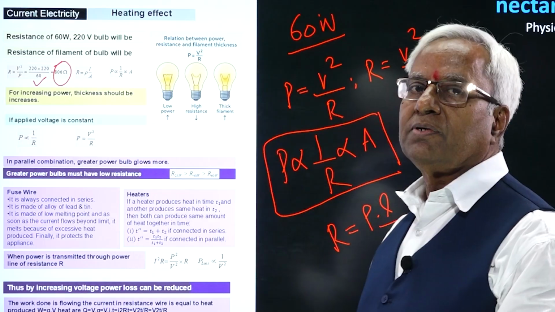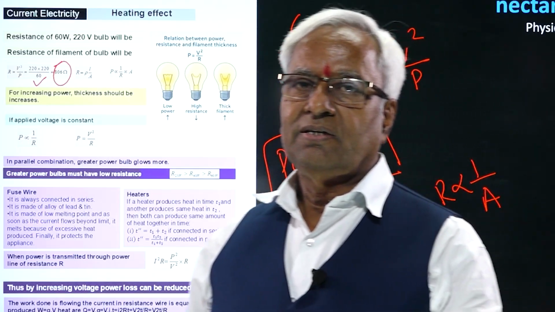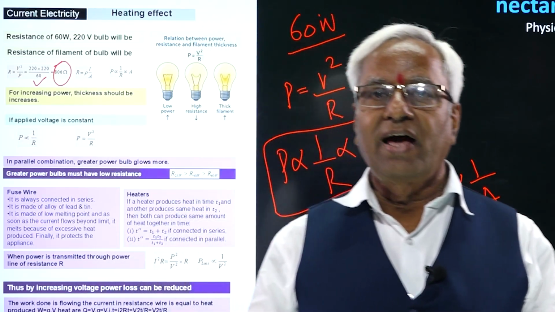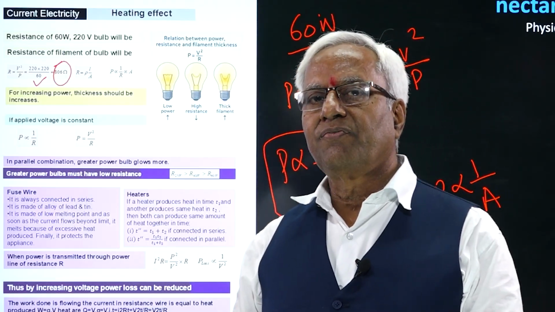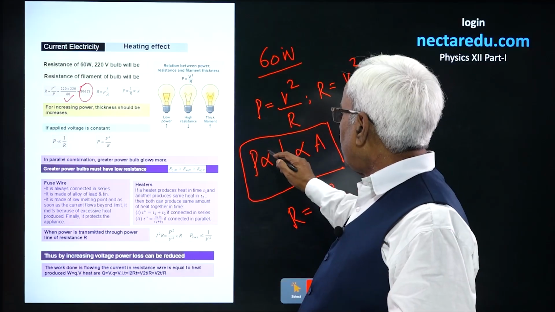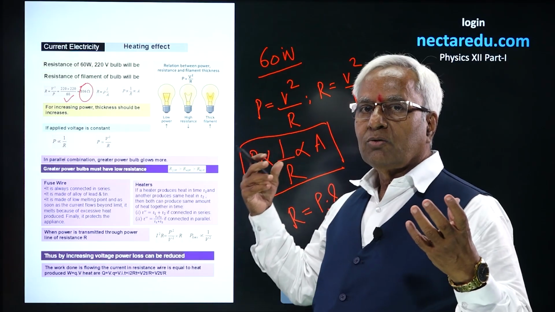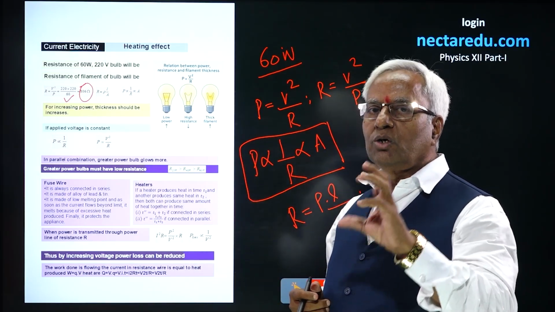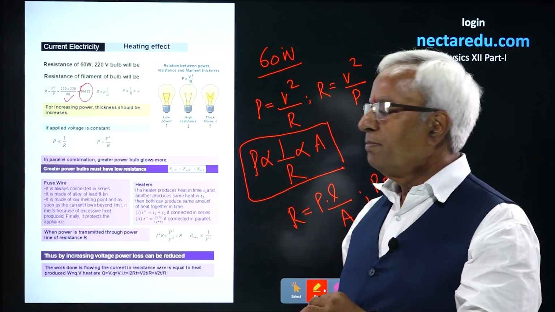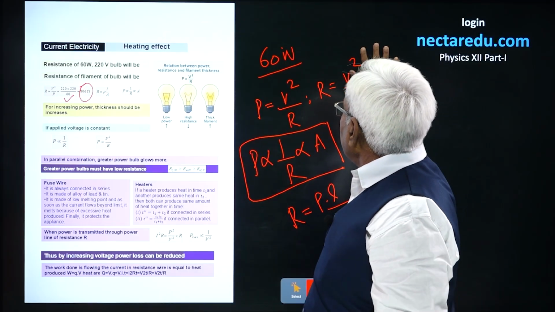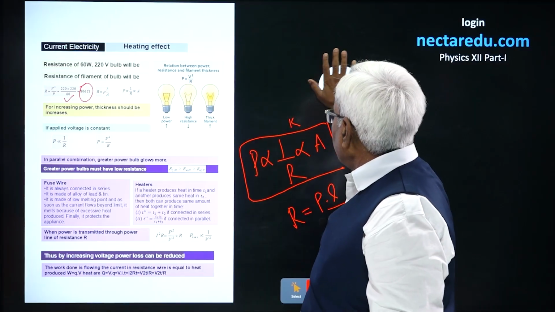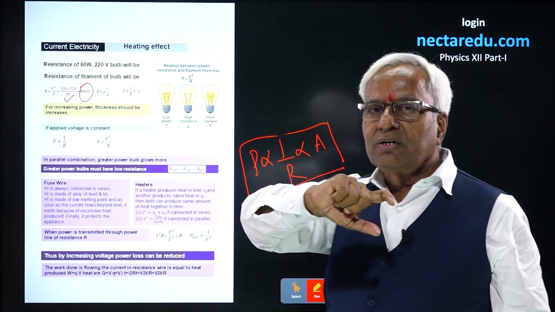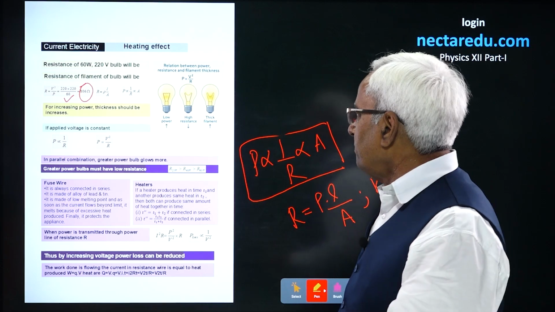We are talking about a bulb, the conventional source of light for us in domestic affairs mostly. Power depends on the cross-sectional area, that means the thickness of the wire or the filament used in the bulb. You could say directly that for increasing the power of a bulb, we have to increase the thickness of the filament.